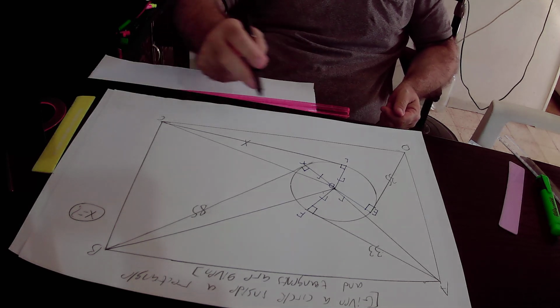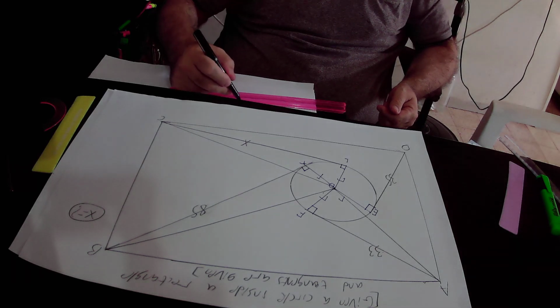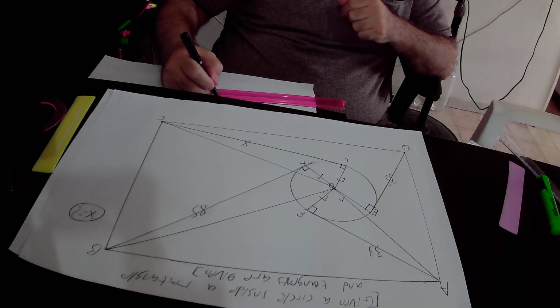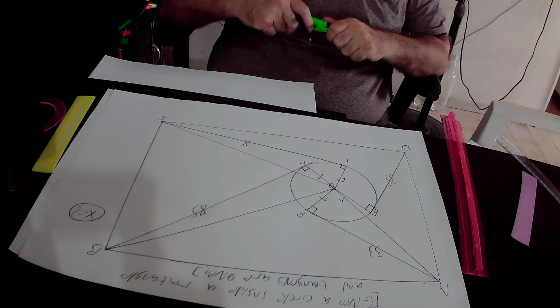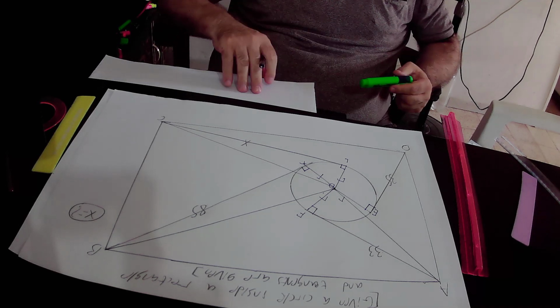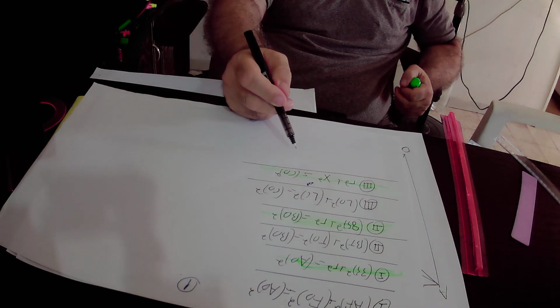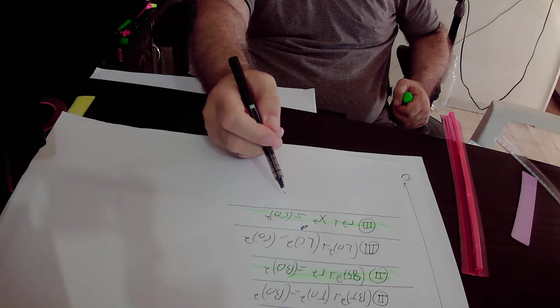LC equals X, therefore LC squared is X squared. That is equal to CO squared. So in conclusion, according to equation number 3, we found out that R squared plus X squared equals CO squared.